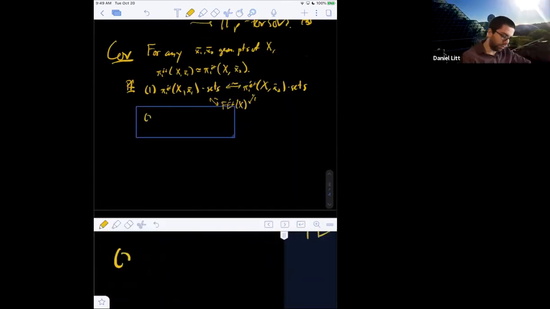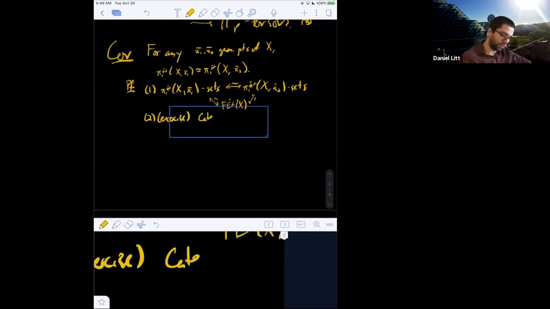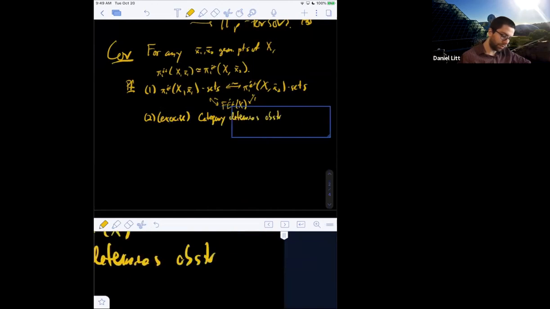Okay, and then step 2, this is a non-trivial exercise: the category determines the abstract group. This is a weak form of what's actually true.